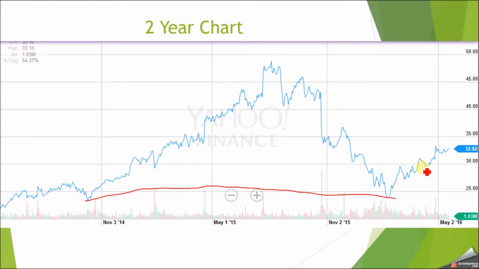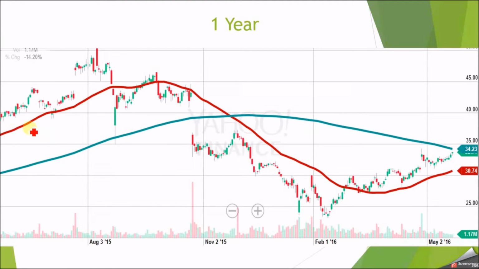So let's see now what happens in the 1-year chart. We saw that it's continuing up, bounces off the 50-day, as you'll see here, continues to make new highs. It's a very good sign, but then it falls through, it crashes through that 50-day moving average.